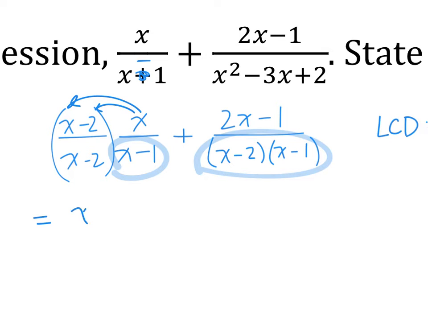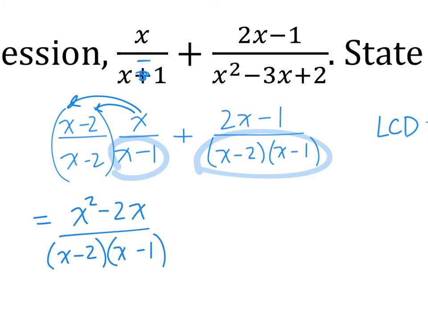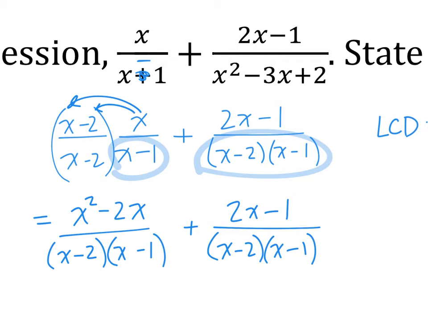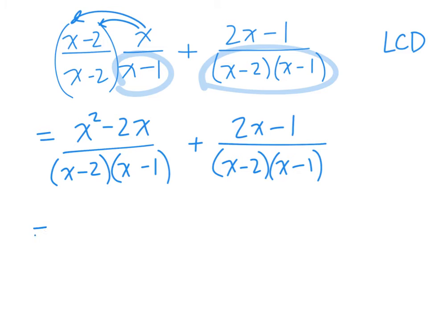That's going to give me x squared minus 2x over x minus 2, x minus 1, plus 2x minus 1 over x minus 2, x minus 1. Now since they have the same denominator, we're just going to add the numerators together. So x squared minus 2x plus 2x minus 1.